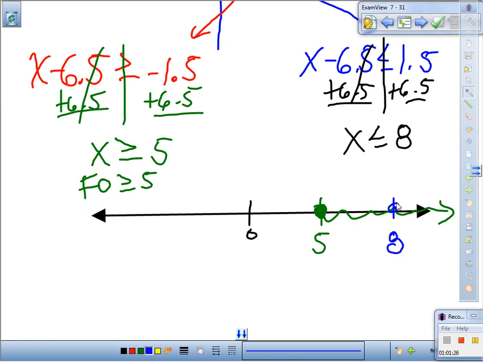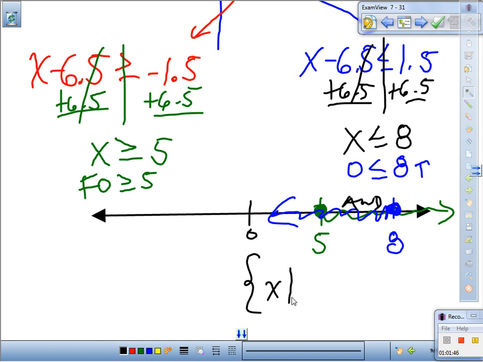It's right there. Let me test 0 again. Is 0 less than or equal to 8? Yeah. So I'm going to highlight towards 0. So what kind of inequality is this, everyone? And so my solution set I write right underneath: x such that 5 is less than or equal to x, which is less than or equal to 8.